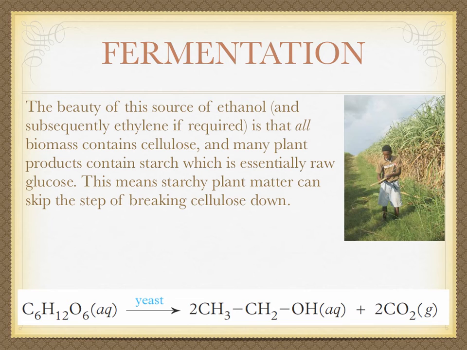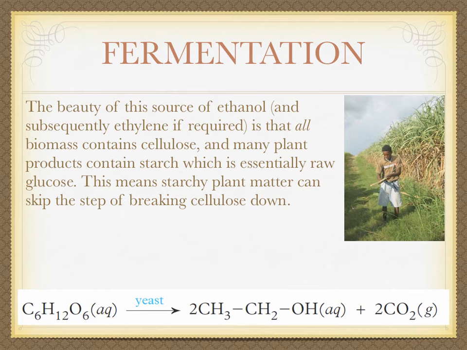Well, the beauty of fermentation as a process to produce ethanol is that all biomass contains cellulose, and many plant products actually contain glucose in the form of starch, which is a much more soluble form of glucose than cellulose, so the step of breaking apart the polymer of cellulose can be skipped if you have a very starchy starting product.